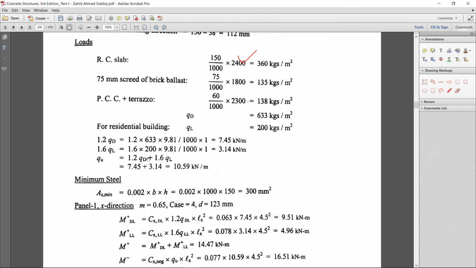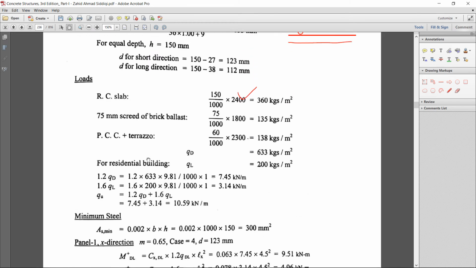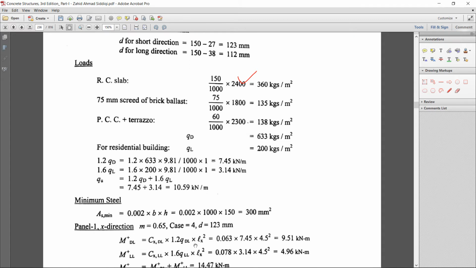So first of all, for positive dead moment, our Cx, the X direction coefficient, is 0.063. For the live load, we have already calculated 1.6 L as 3.14 and dead as 7.45. L is the shorter span, we are discussing the shorter span 4.5.